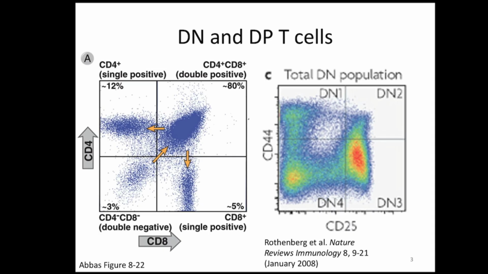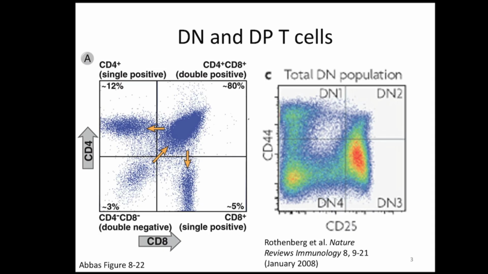These were named, so when you're talking about developing T cells, oftentimes you will hear about double negatives or DNs, double positives or DPs, or the CD4 single positives or the CD8 single positives. And so we often will look at T cell development and talk about different cells at different stages of T cell development as things like double negatives, double positives, or either of our 2 types of single positives.